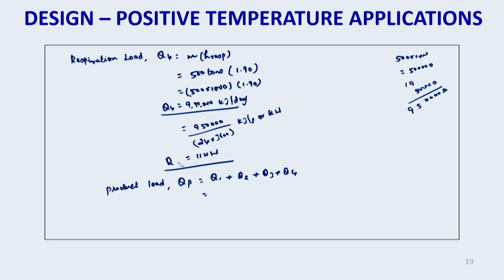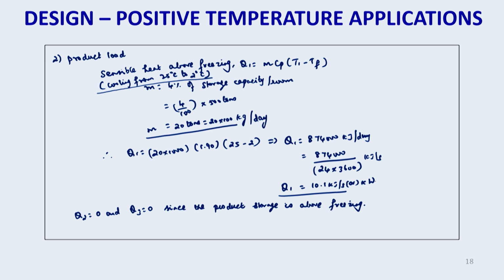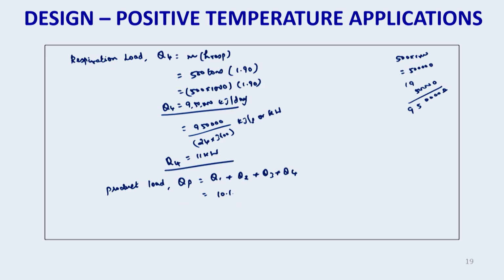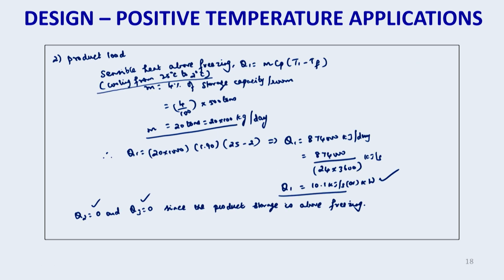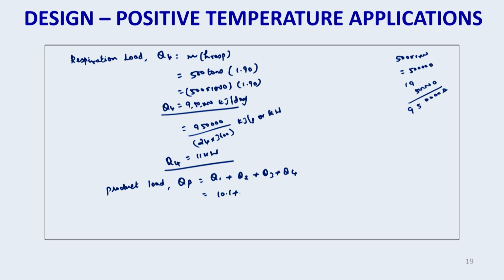Q1 is 10.1 kilowatts. Q2 and Q3 are 0. Q4 we have calculated just now, 11 kilowatt. So the total product load comes to 21.1 kilowatt.